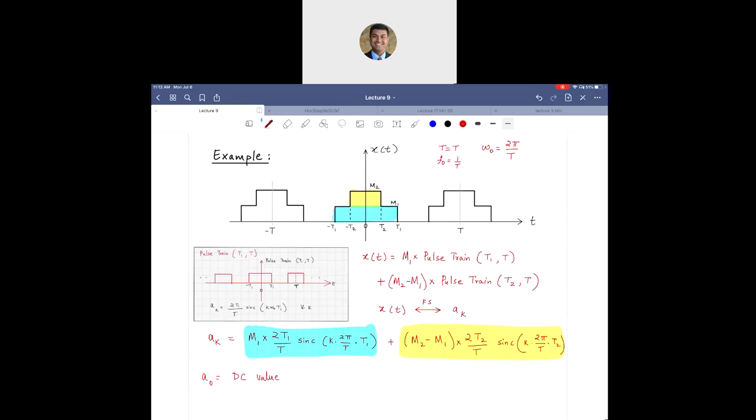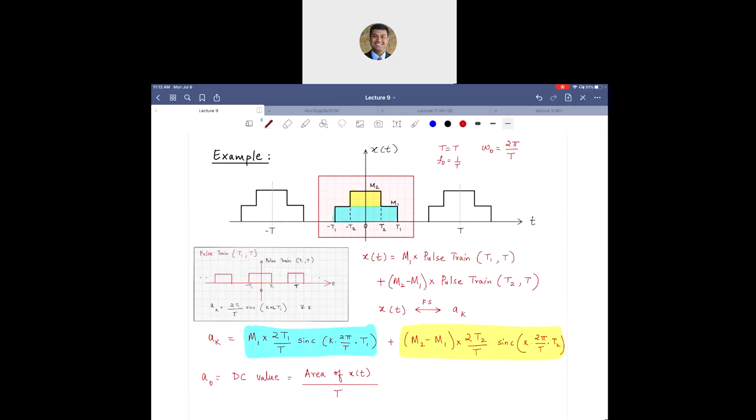The DC value is going to be simply the area of x of t over one time period, right? So I'm going to highlight this over here like this, right there, and then divide it by the time period T. Integrate over one time period divided by the time period, you get the DC value.